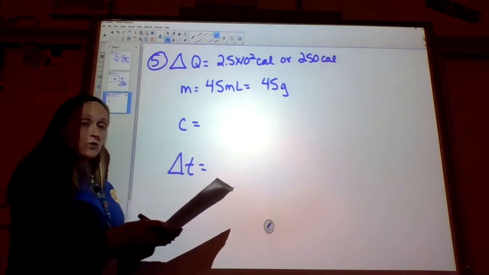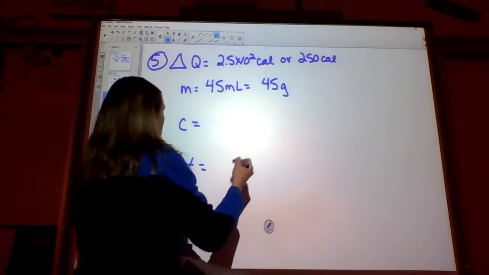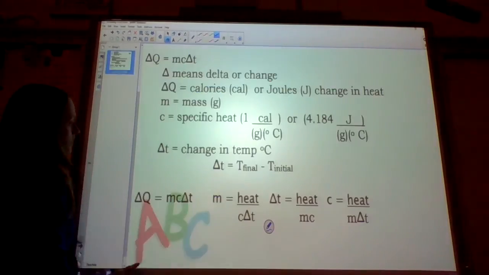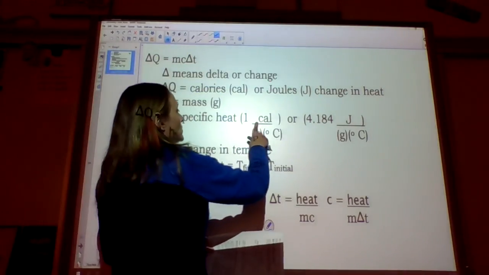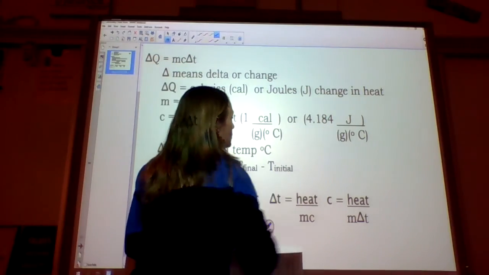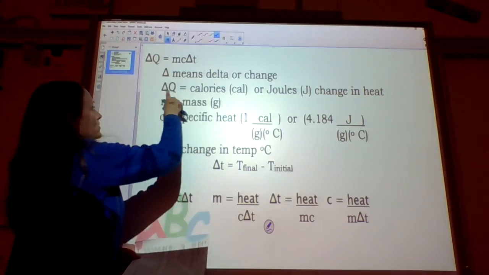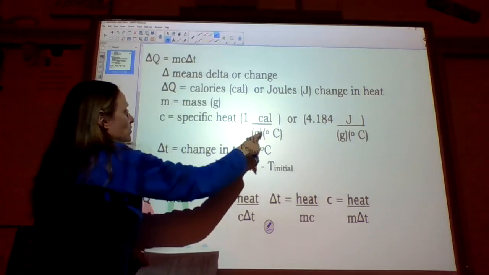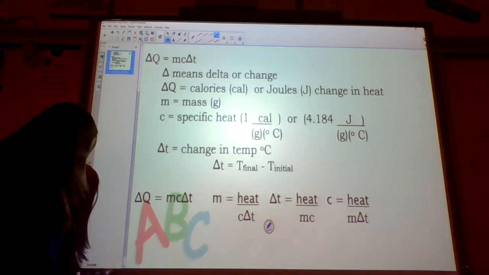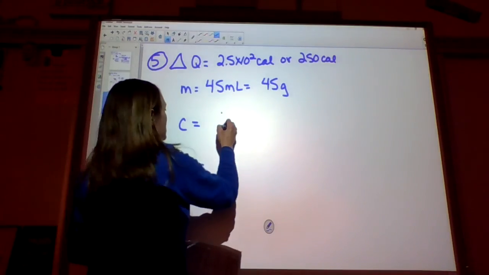And since we're working with water, we're going to use the specific heat of water. We can either use the 1 cal or the 4.184 joules. Since our delta Q is measured in calories, we're going to use the 1 cal over grams times degrees Celsius.